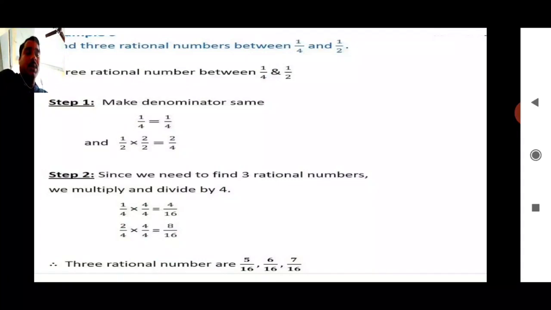Here we require three rational numbers, so we can multiply by 4 or greater than 4. This becomes 4 by 16 and 2 by 4 becomes 8 by 16. Three rational numbers between 4 by 16 and 8 by 16 are 5 by 16, 6 by 16 and 7 by 16.